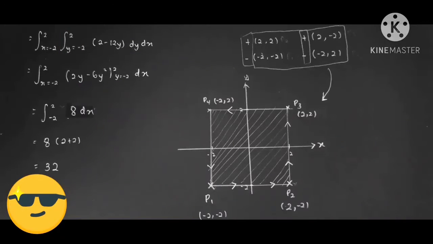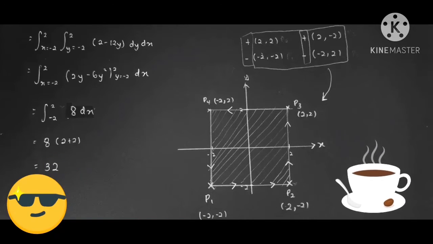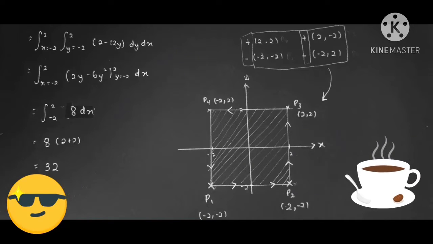Firstly we solve the integration of y, then the integration of x, and after simplifying, we get the final solution as 32. I hope it will help you for a better understanding of Green's theorem. That's all. Thank you.